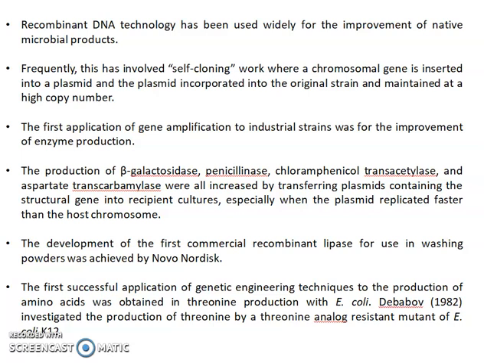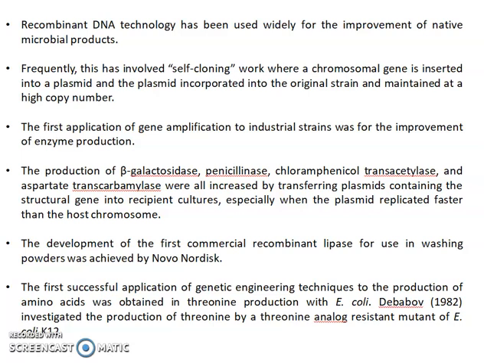That is one aspect. The first application of gene amplification to the industrial strain was to improve enzyme production. The production of beta galactosidase, penicillinase, chloramphenicol transacetylase, and aspartate transcarbamylase were all increased by transferring the plasmid containing the structural gene into the recipient culture, especially when the plasmid replicated faster than the host chromosome.